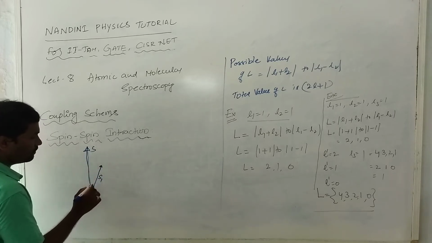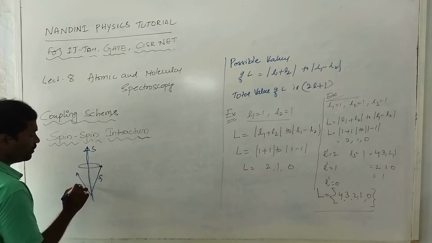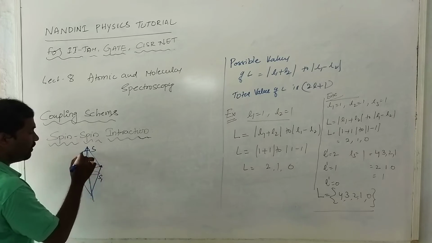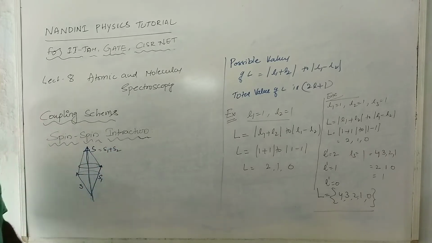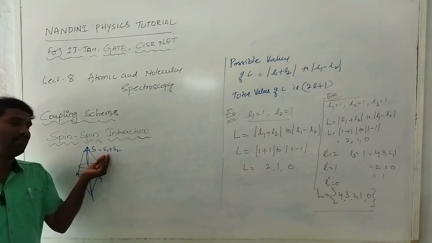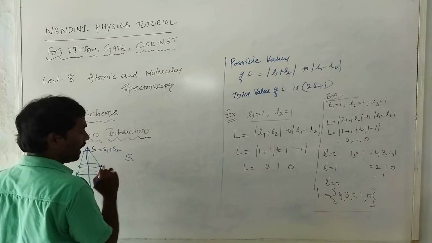This is S1, precessing about its own axis, and this is S2, precessing about its own axis, and they combine to give the total spin angular momentum. Total spin angular momentum is S1 plus S2. So similarly here capital S is the total angular momentum.